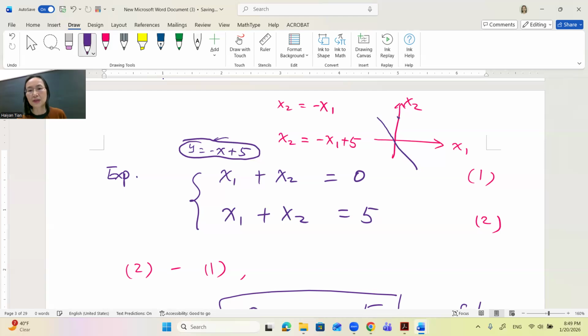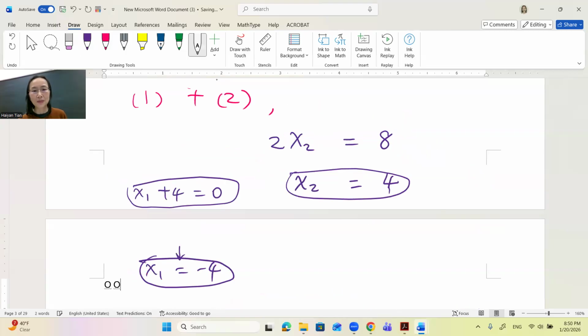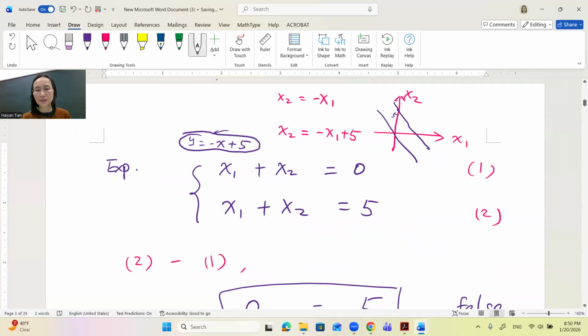The y-intercept is 5, and the slope is still -1. As you can see, the two lines are parallel because they have the same slope, which is -1. The y-intercept of the first line is 0, and for the second line it is 5.